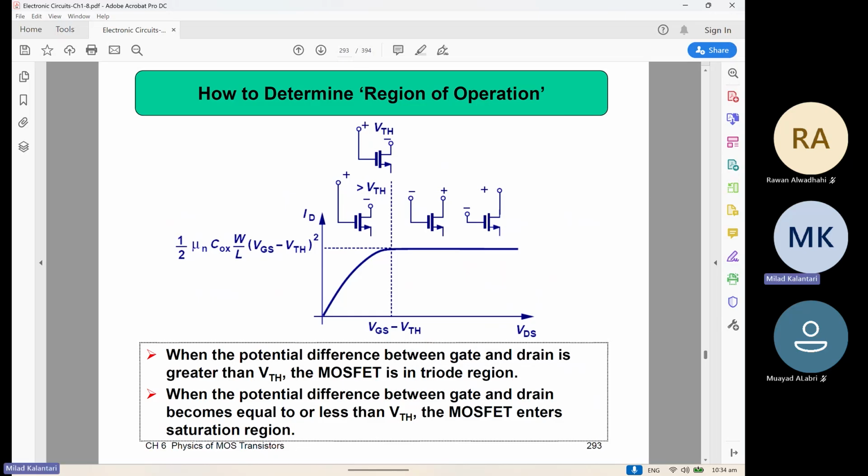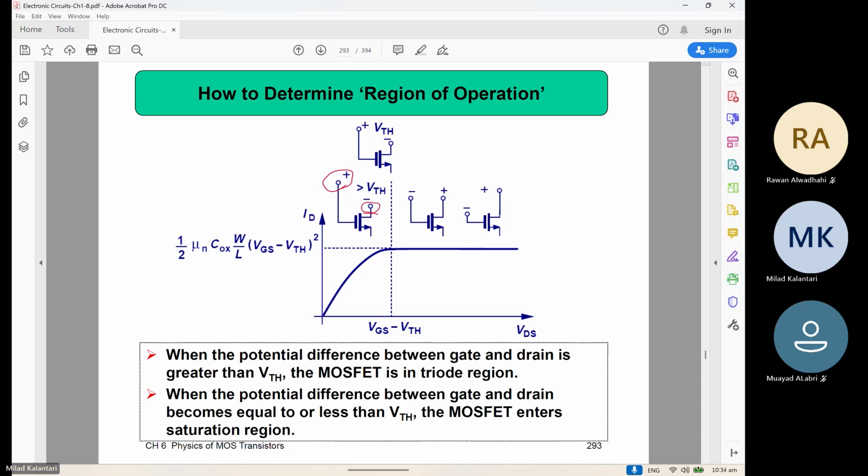As a rule of thumb, in order to really understand which region the device is in after you bias it, you only need to check whether the gate voltage is larger than the drain voltage plus V threshold.